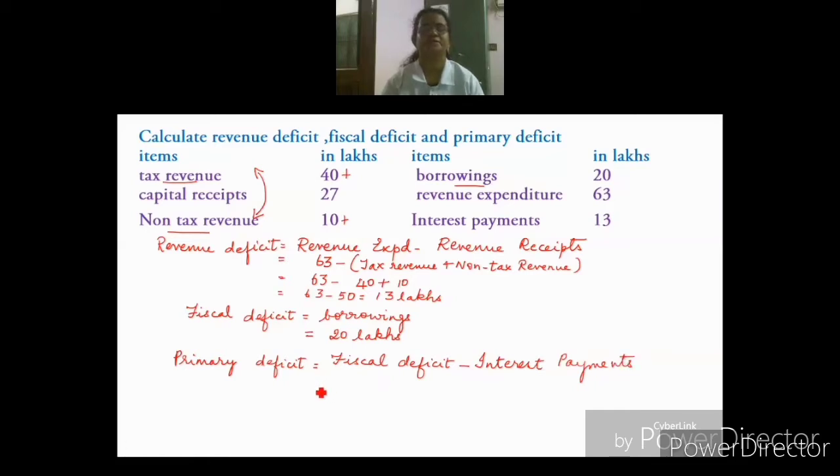So the fiscal deficit is 20 lakhs minus interest payment is 13. So it comes to 7 lakhs. Let us move on to the next sum.